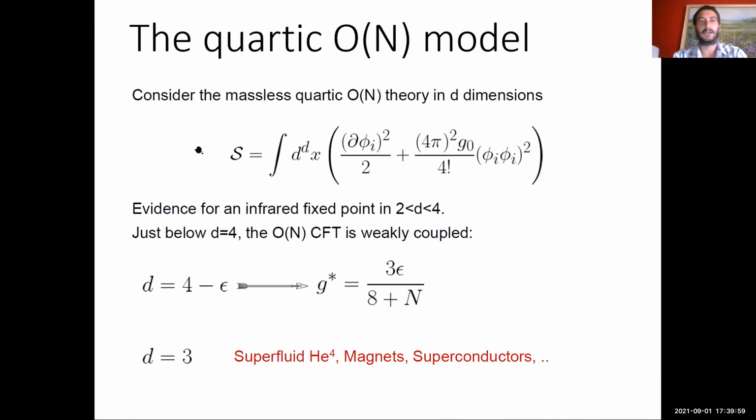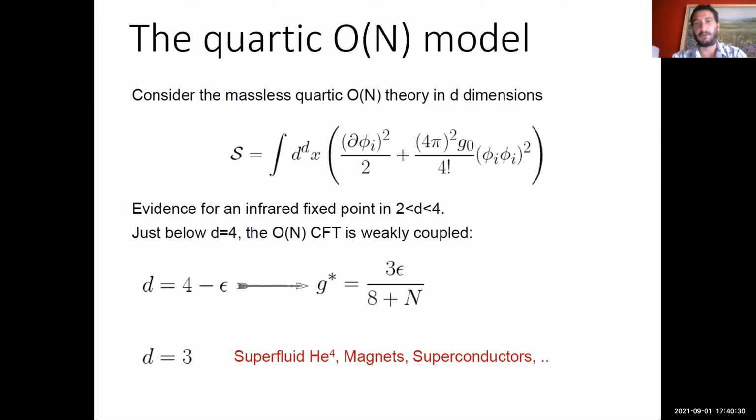As we all know, there is strong evidence, including experimental, for the existence of an infrared fixed point between 2 and 4 dimensions. In particular, just below 4 dimensions, this CFT is weakly coupled. In fact, if we consider the model in 4 minus epsilon dimensions, the fixed point coupling is proportional to epsilon, up to corrections of order epsilon squared perturbatively.